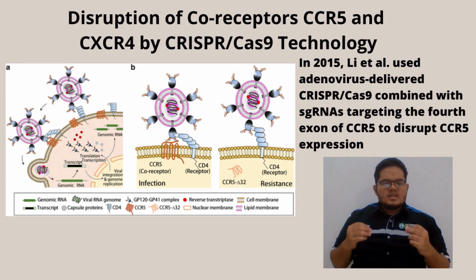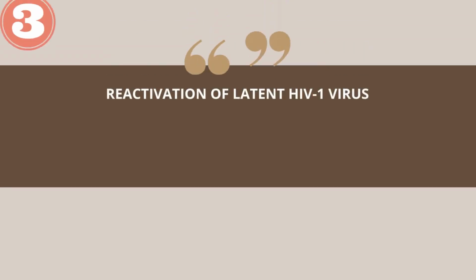In 2015, Lee et al. used adenovirus to deliver CRISPR-Cas9 combined with sgRNA, targeting the fourth exon of CCR5 to disrupt CCR5 expression, which is a huge discovery in HIV therapy.